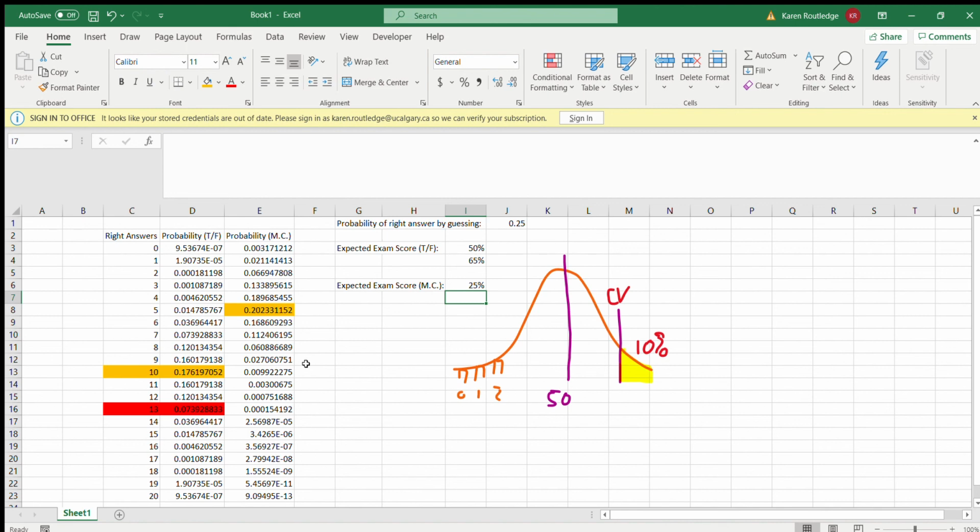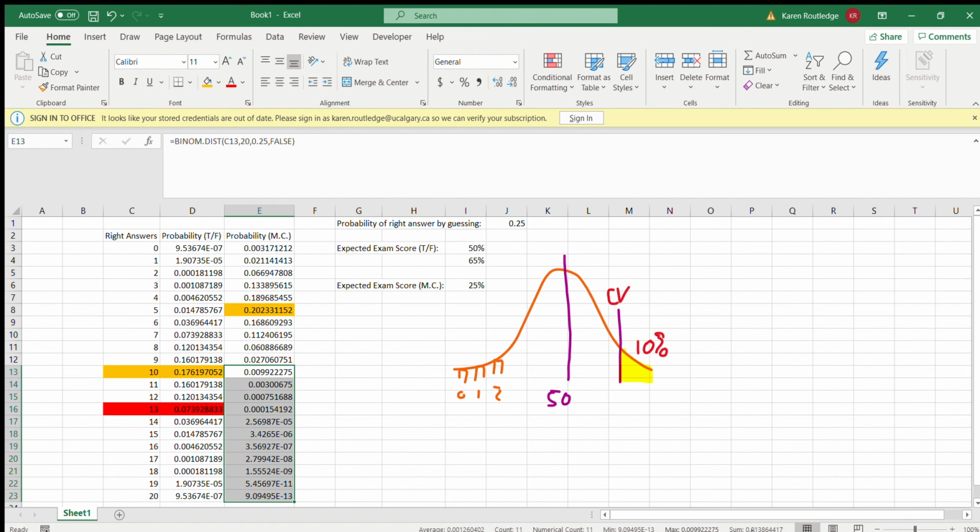So now, if 50% was our pass-fail cutoff, like it was originally, we can see the probability of getting a 50% or above based on this multiple choice test. There's our 50%, 10 or above. Up to 20, that total probability is 1.3, 1.4%, something like that.